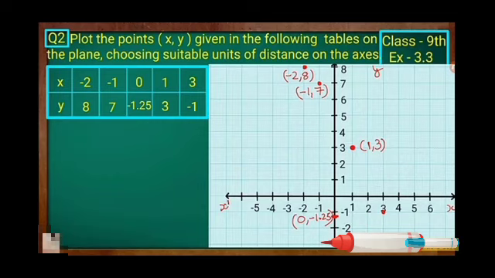X is positive, y is negative here. So this is the position. In this way you have to plot the given coordinates. This is a very simple exercise. Thanks for watching.